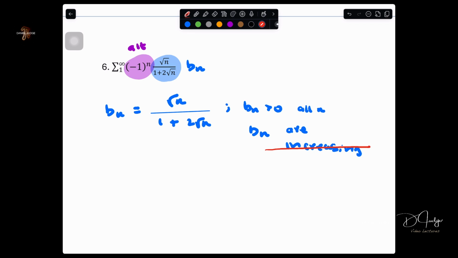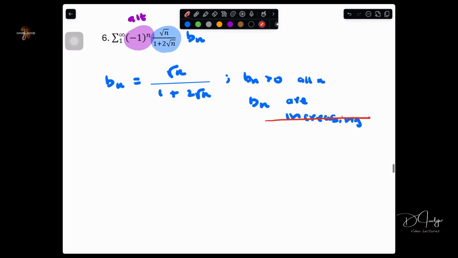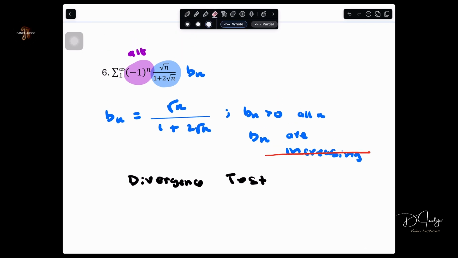So then you say, well, what do we do if we can't apply the alternating series test? I'm going to say, consider the divergence test. In that case, this whole series here we're going to look at as An.